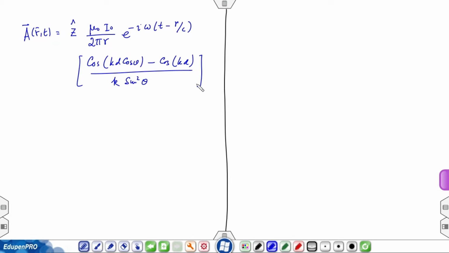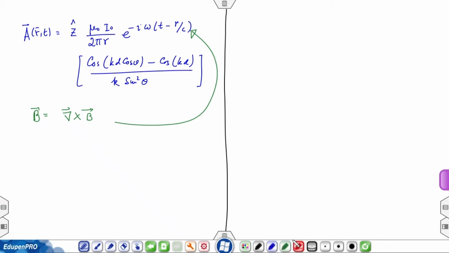And from this I can calculate B, which is equal to curl of A. Keep in mind, when you take the curl, this curl operator also acts on this e raised to i omega (t minus r by c).